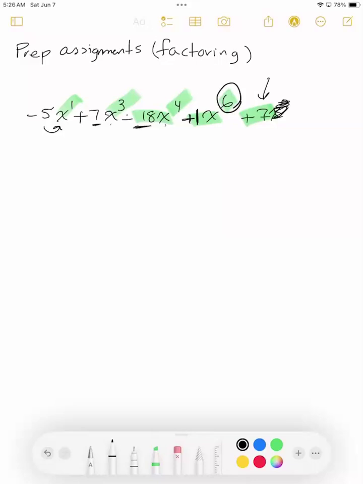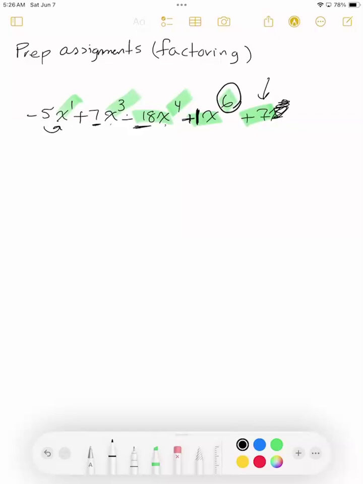We go with the highest degree, and the highest degree here is 6, so the degree of the polynomial is 6. And the leading coefficient here is 1. So these are some of the things you need to know about polynomials.